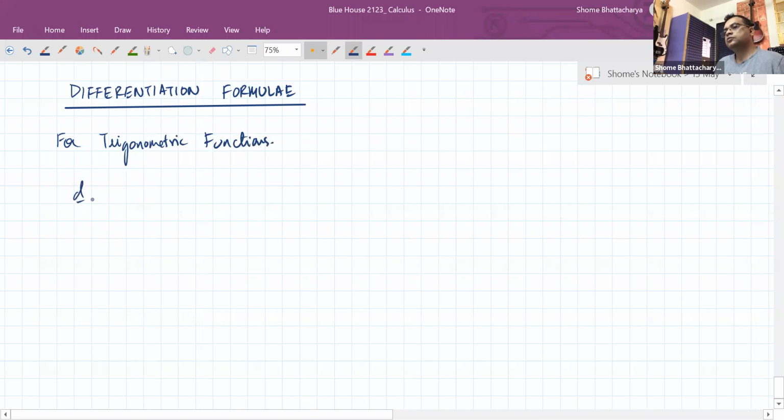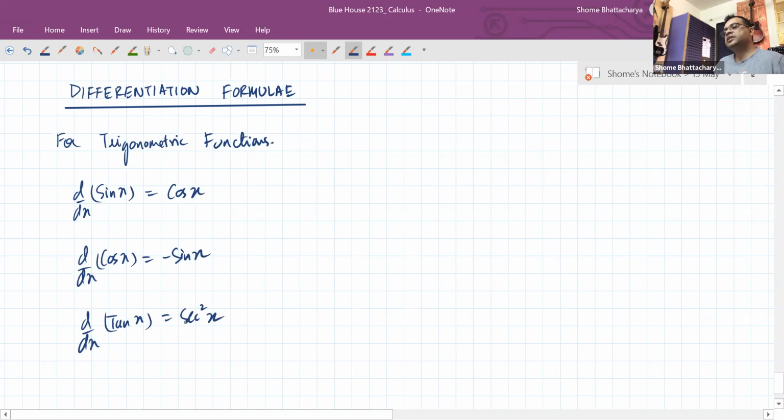Differentiation of sin x is given by the formula cos x. Differentiation of cos x is given by the formula minus sin x, and differentiation of tan x is given by the formula sec square x.